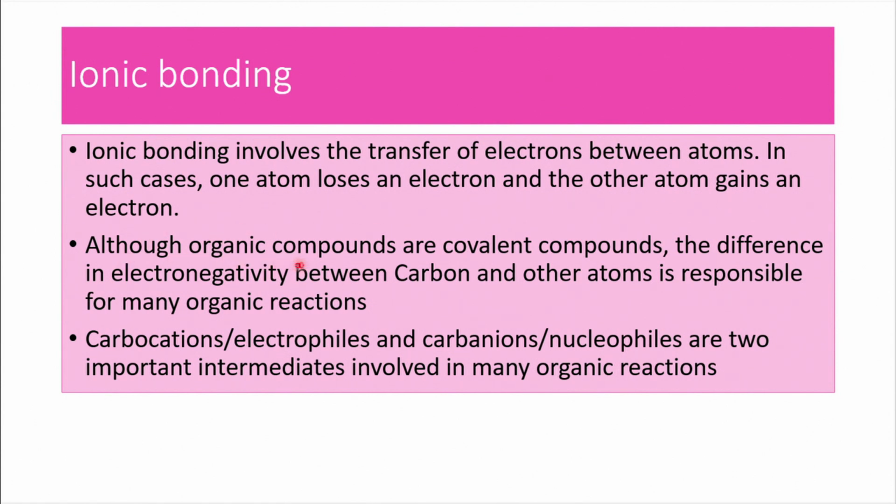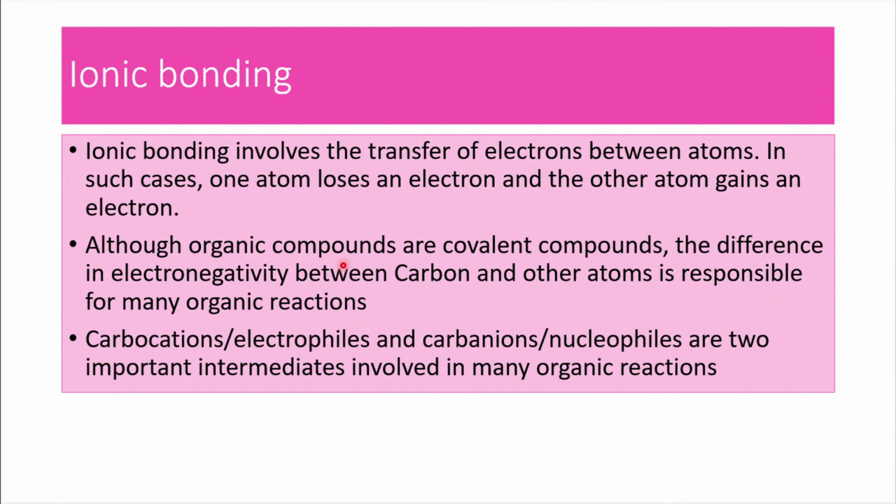Although in organic chemistry we say these are covalent compounds, the difference in electronegativity between carbon and the other atom is responsible for many organic reactions. So, even when we say ionic bonding, we do not mean the inorganic ionic bonding like sodium in sodium chloride or similar compounds.